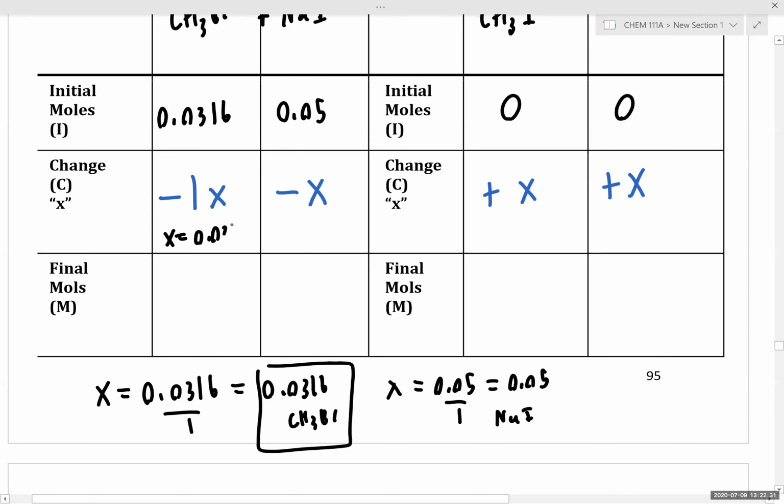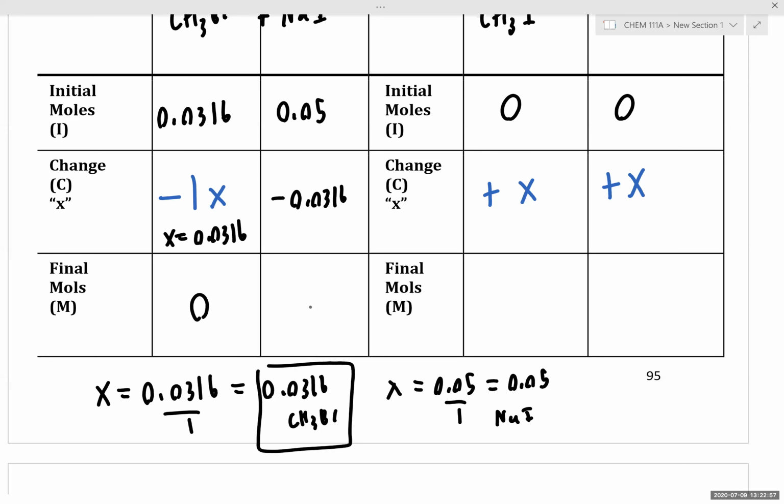So what we're going to do is we're going to plug in the value of x is equal to 0.0316. So let's plug that in for x. So we have 0 moles of methyl bromide remaining. For our moles of sodium iodide remaining, we have 0.05 minus 0.0316.